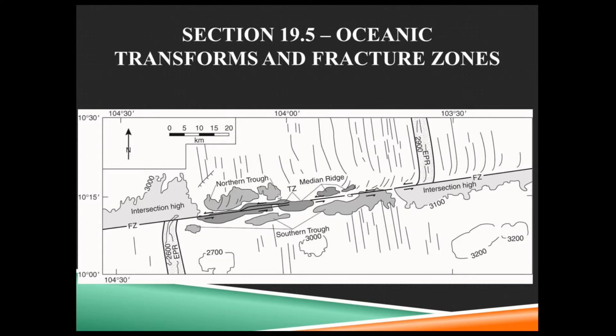On the other hand, here, when you cross this transform zone, this up top here is a different plate than what's below it. We come over here, if we cross the fracture zone, it's the same plate. All of this that I'm running the mouse over is one plate.